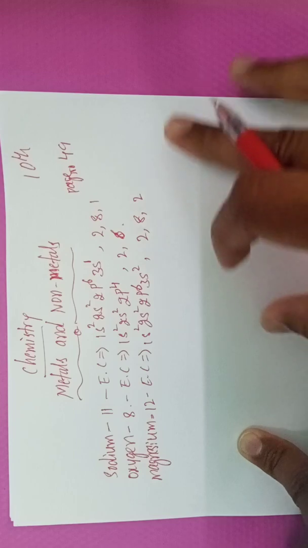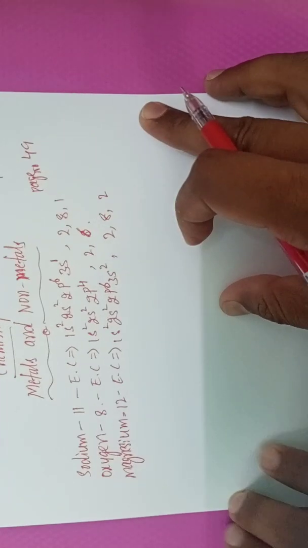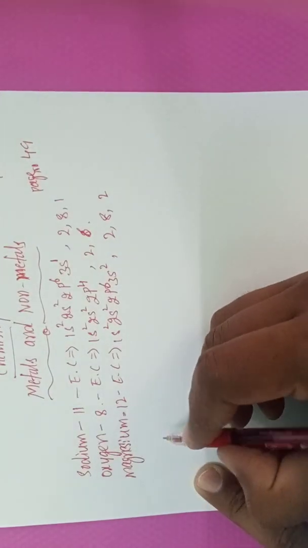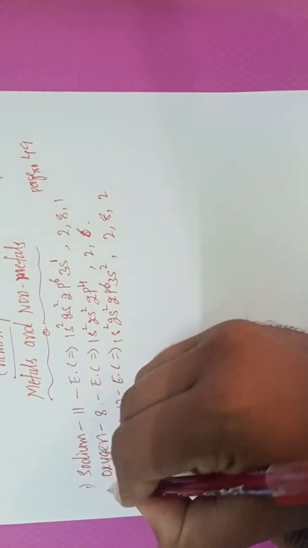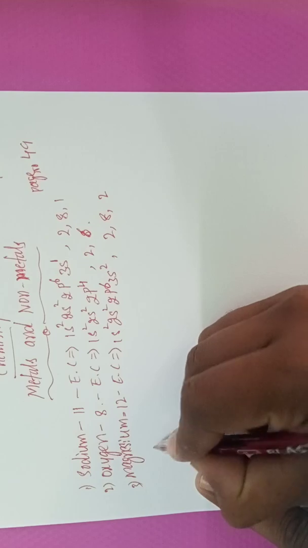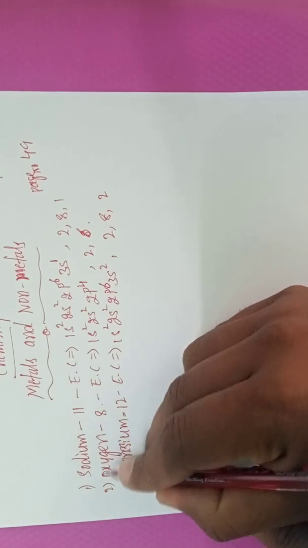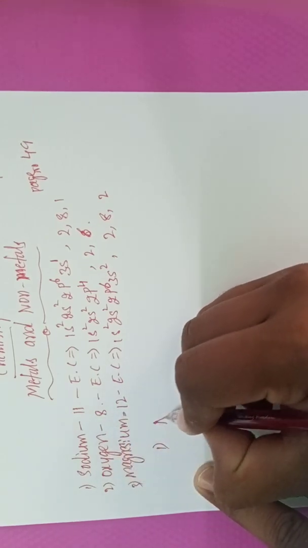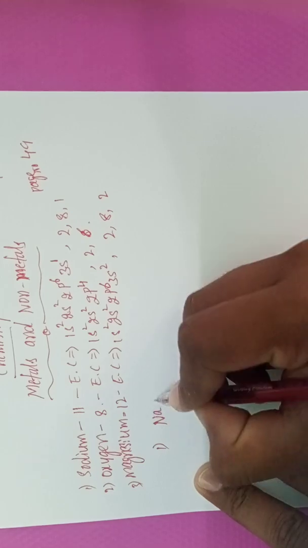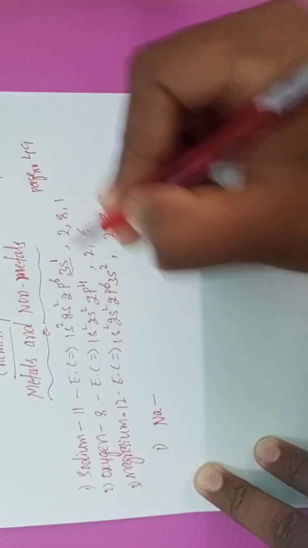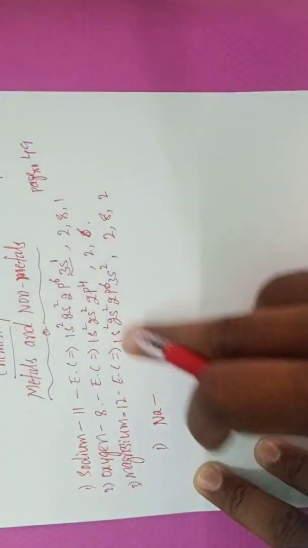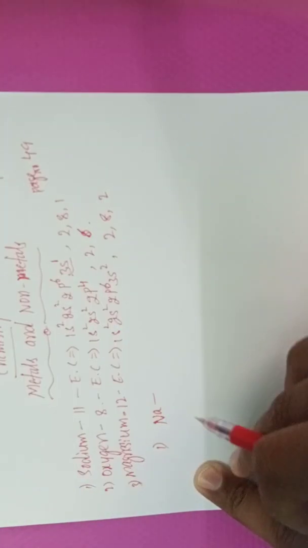In the electron dot structure, first we should write the symbol of that element. Sodium symbol is Na. So how many valence electrons, or how many electrons are present in the outermost shell?